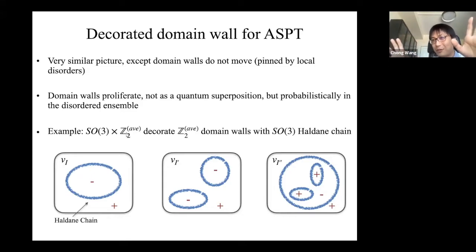Don't touch the SO3 spin, but the Ising spins do couple to the SO3 spin in some non-trivial way that preserves the SO3 symmetry. Roughly think of this Ising spin as some random bond deformation to the SO3 spin system. So in this picture you're just showing the Z2 variable, and the other degree of freedom is not shown. Right, it's not shown. The only place where SO3 is relevant is on this blue circle I have.